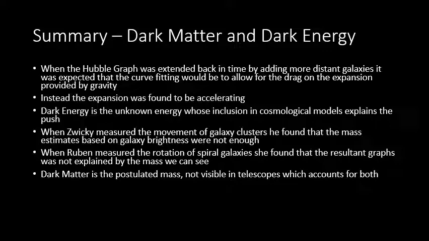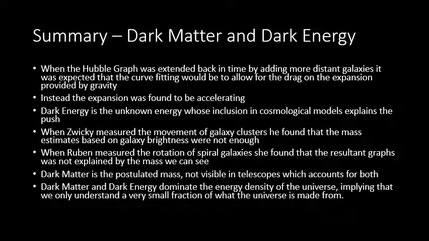So we have dark energy to account for the acceleration of the universe, and we have dark matter to account for the fact that spiral galaxies don't rotate as they should, and galaxy clusters don't move as they should. And when we add them both up, we are led to the understanding that only a very tiny fraction of the universe is made out of normal matter that we understand, and that therefore we've got a long way to go before we really understand the universe.